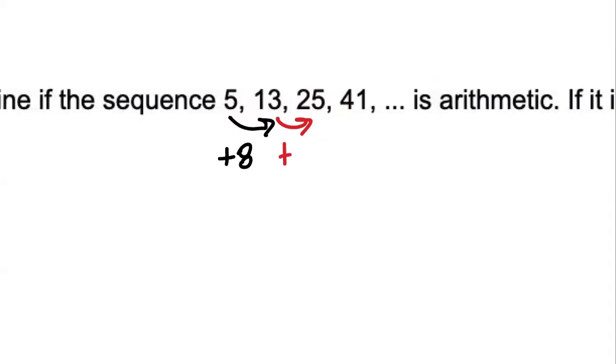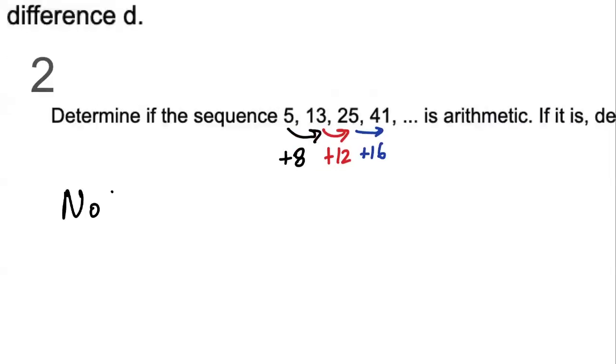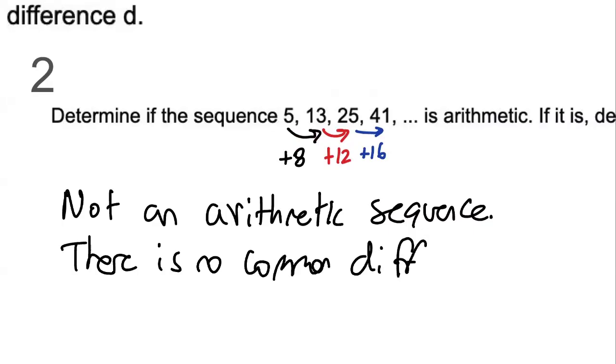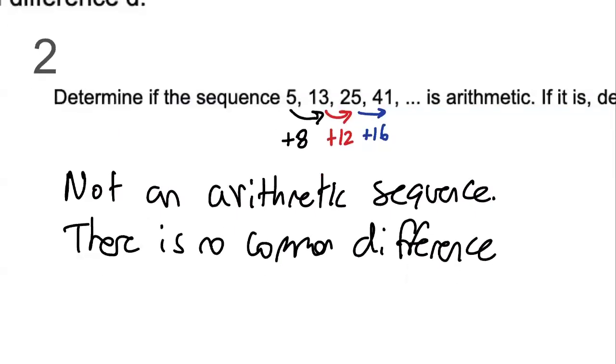And then from 25 to 41? Yes, 16. Do all of these share a common pattern? No. So this is not an arithmetic sequence, meaning there is no common difference. So see, it's not too bad. It's just learning the vocabulary.